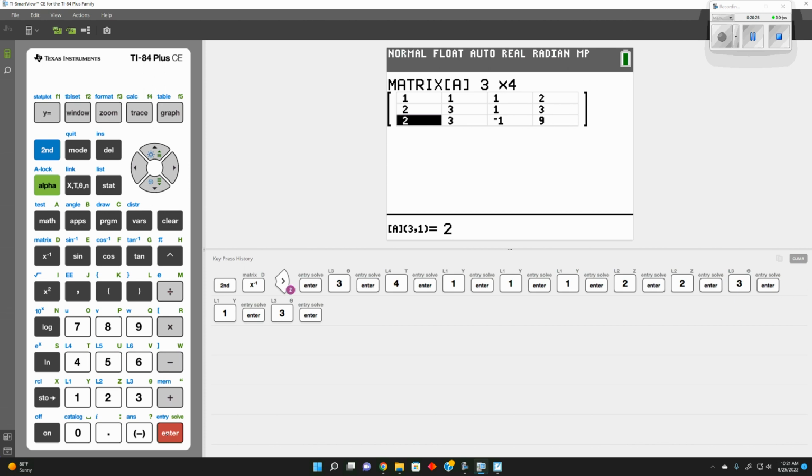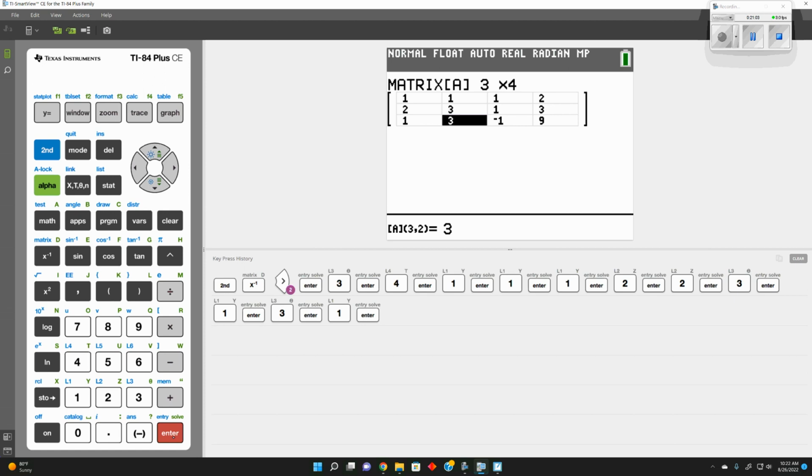There's one, two, three, four. You just can't see it all at the same time. The screen on this won't let you see all 4 columns at the same time. But this one is just a different model. So after you finish typing the first one in, go on and type the whole thing.